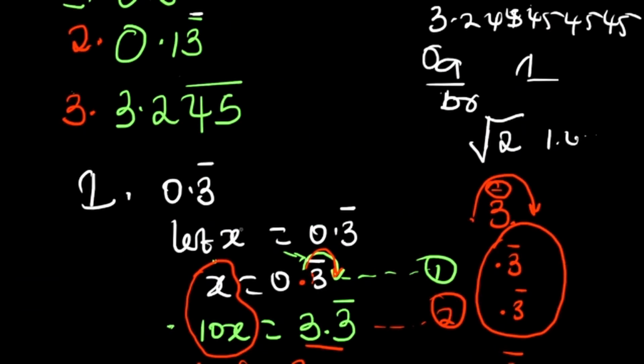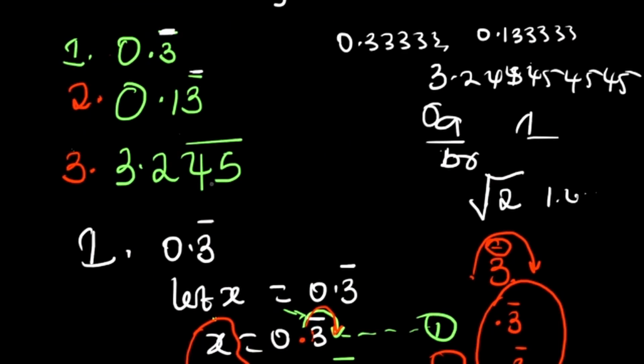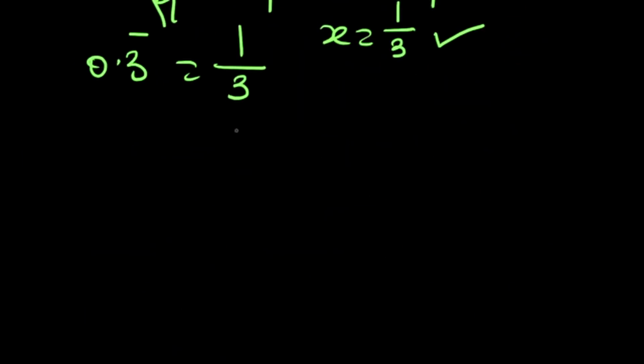Now let's try the second question here, which is 0.13 bar. Let's work on it and see what we're going to get. I'm going to copy it down here. This is the second question. We have 0.13 bar. Remember that the 3 is the only repeated decimal here. Now what am I going to do?